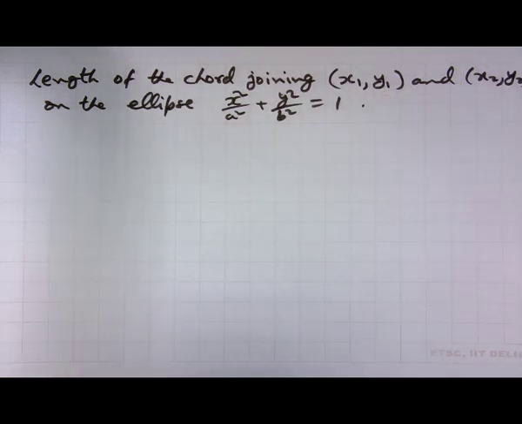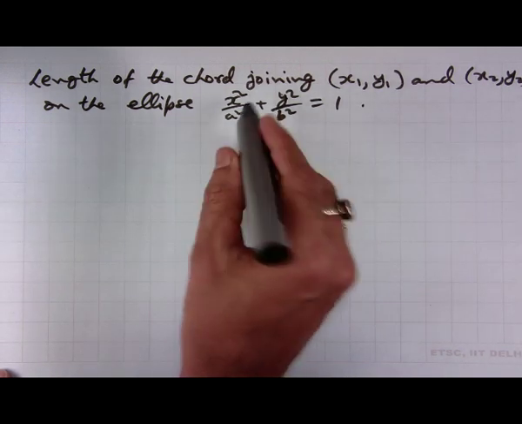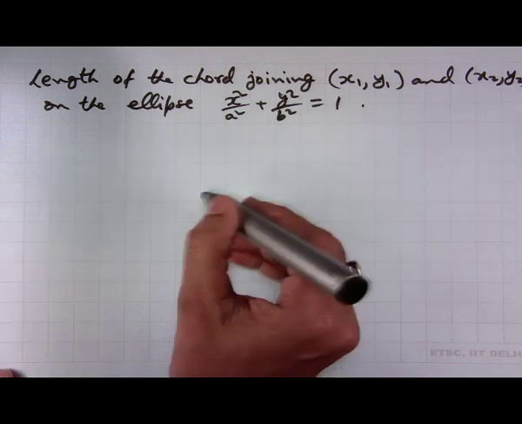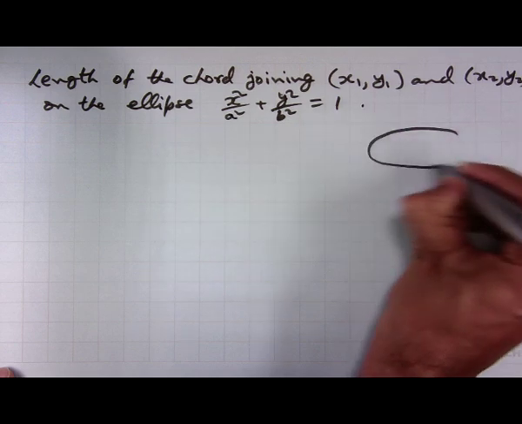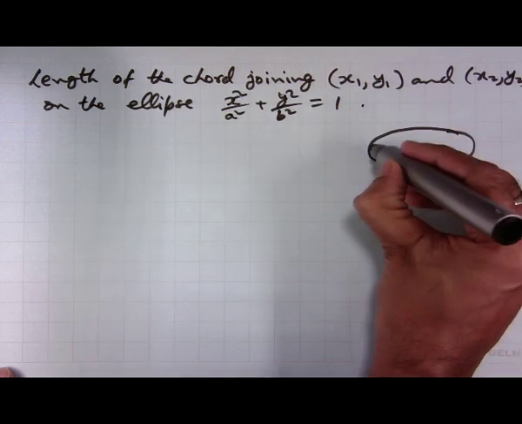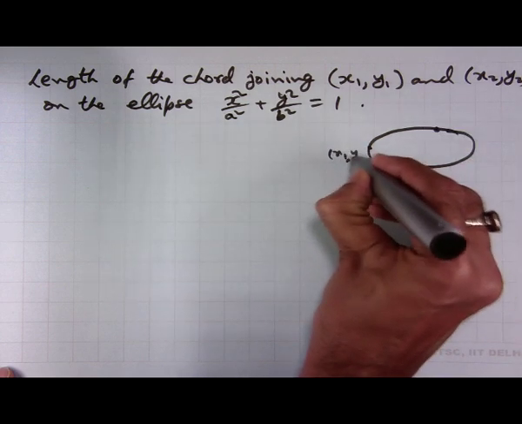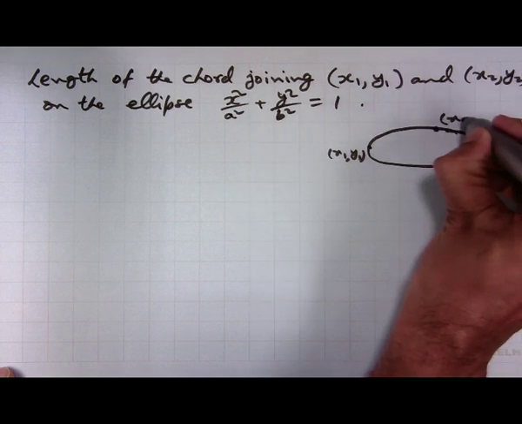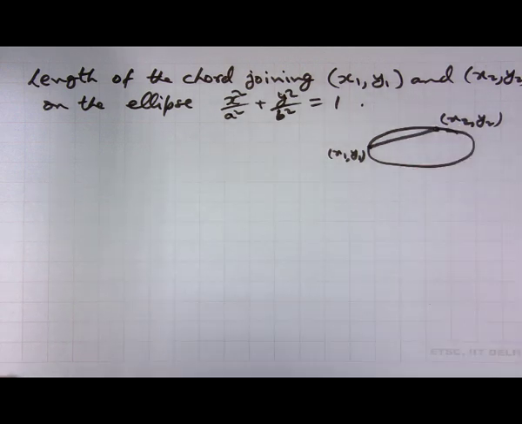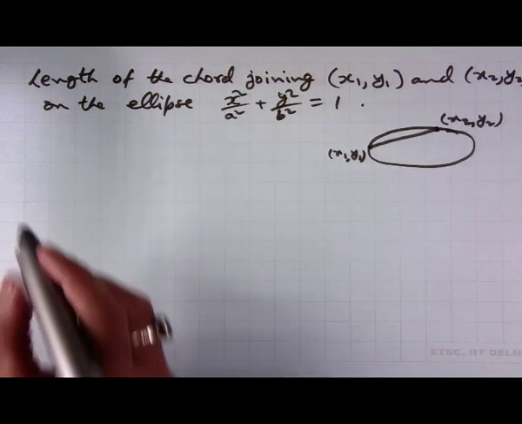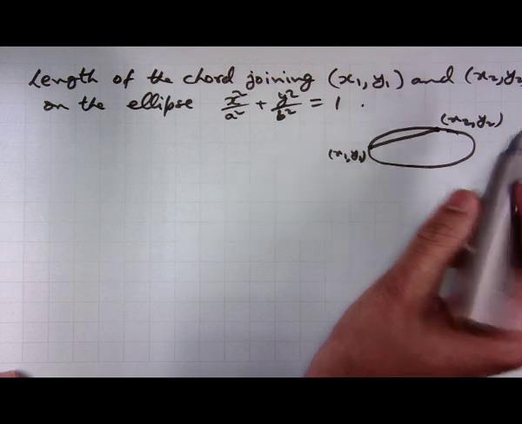Suppose there are these 2 points on the ellipse x square by a square plus y square by b square equal to 1, then we want to find the length of the chord. So, we have this ellipse and any 2 points. We want this length.